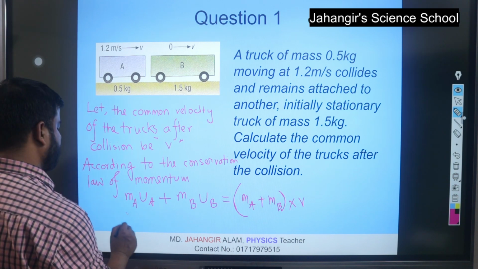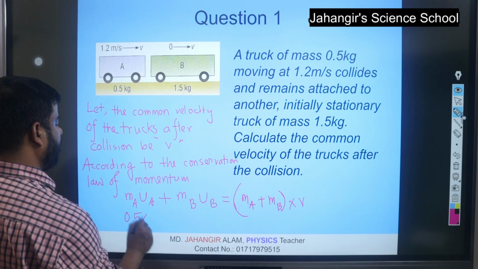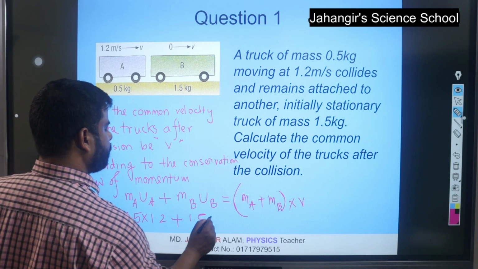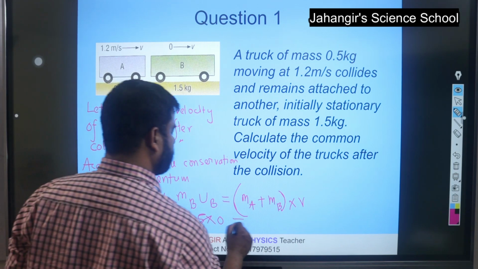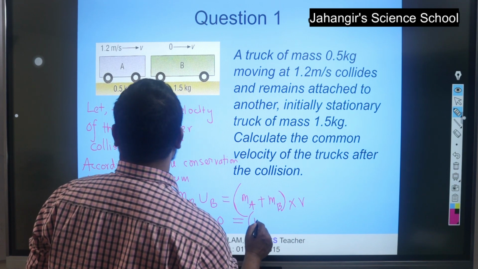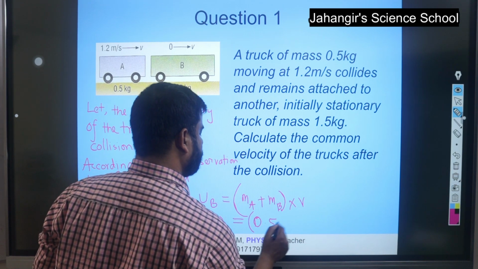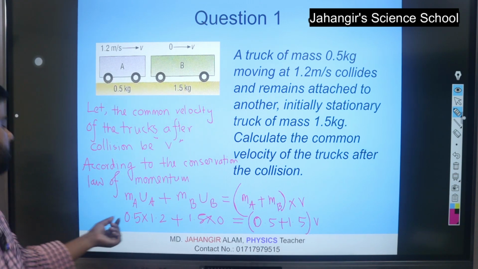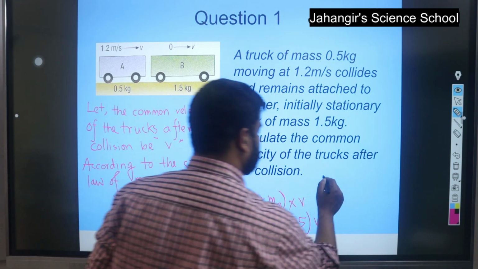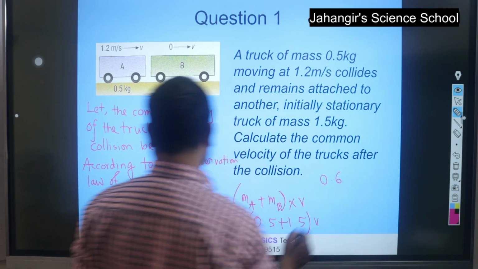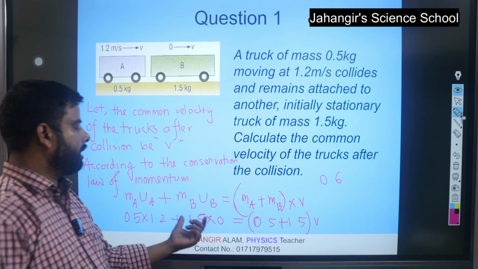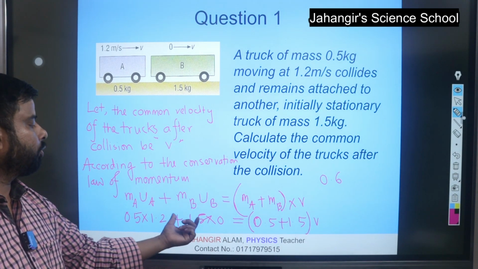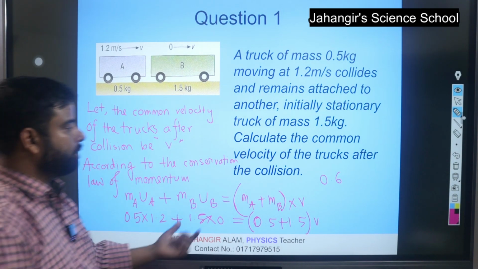So 0.5 into 1.2 plus 1.5 into 0 equal to 0.5 plus 1.5 into v. So 0.5 into 1.2 is 0.6 kg meter per second, and before collision momentum of B is 0.